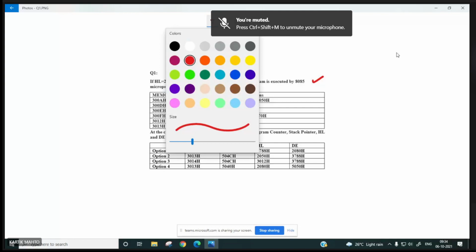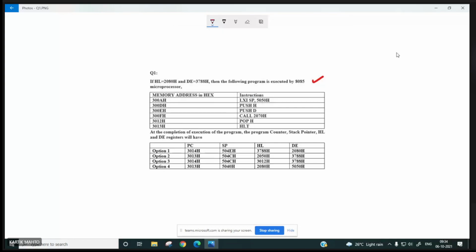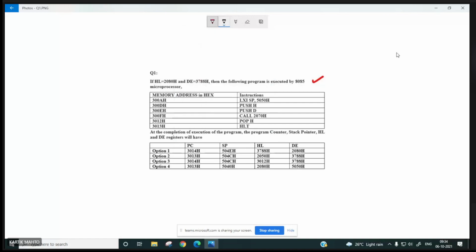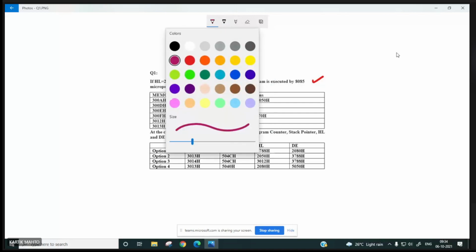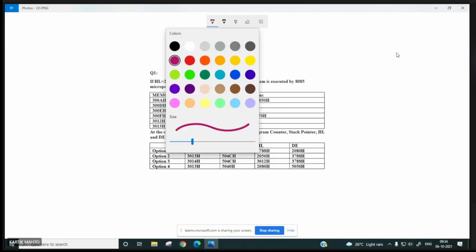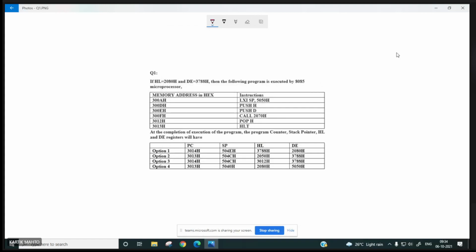If we change the color, then it's not writing. Now it is writing.